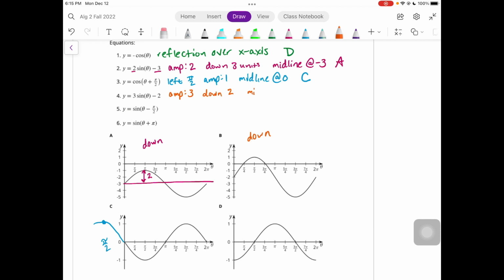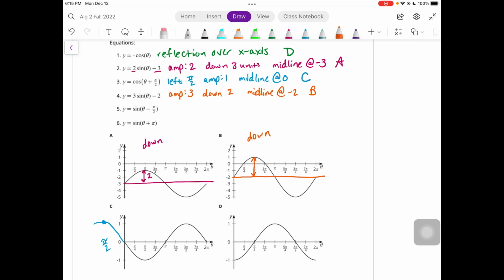So our midline is at -2. And we can see on B, our midline is at -2. And that amplitude is 3 units from the maximum to the midline. So that one is B.